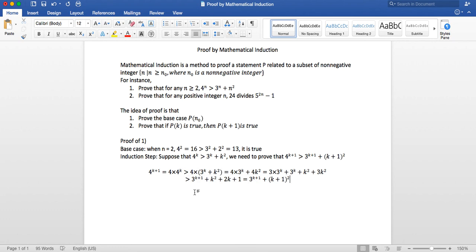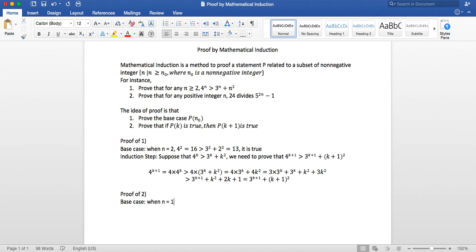Okay? Now, let us see how to prove the second one. Statement 2 says, for any positive integer n, 24 divides 5 to the 2n power minus 1. Now, in this case, the base case is n equal to 1.